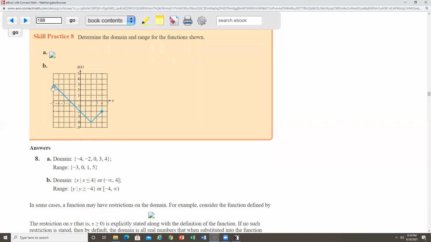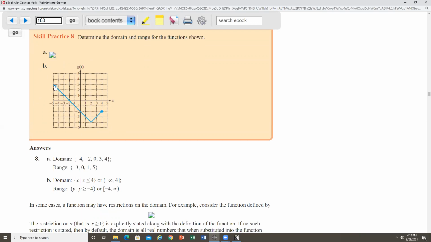Why don't we look at this one, B here? It's this V-shaped graph that goes up forever to the left, but not to the right. What would be the domain, ladies and gentlemen, of this function here? Notice it is a function. This graph passes the vertical line test. What's the smallest value found in the domain? What's the smallest x coordinate of any point on this graph?